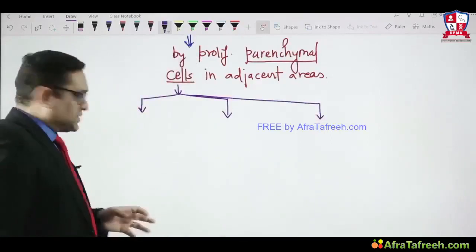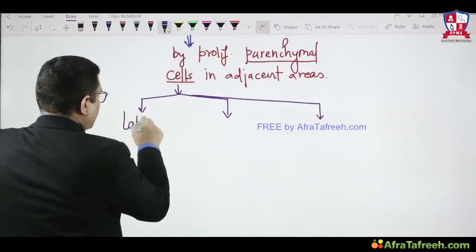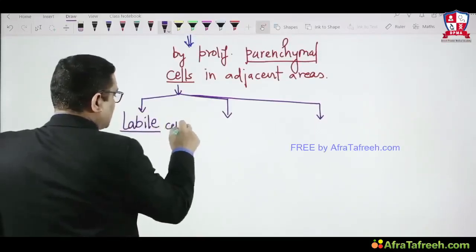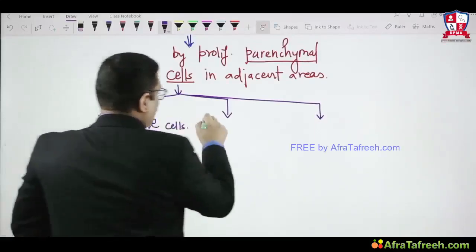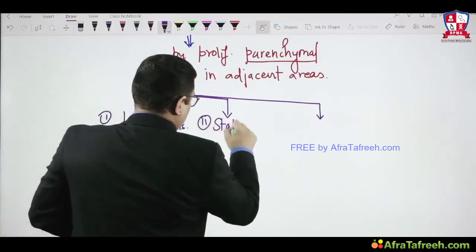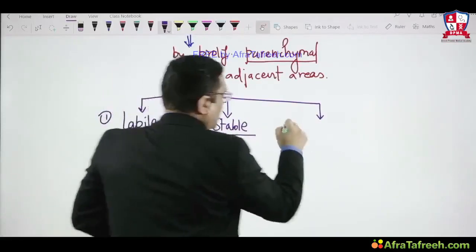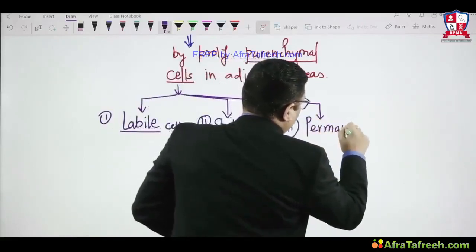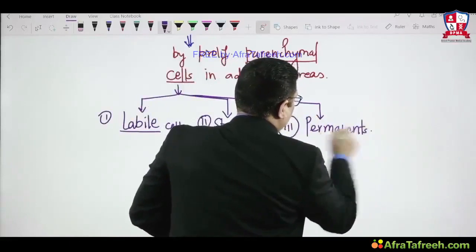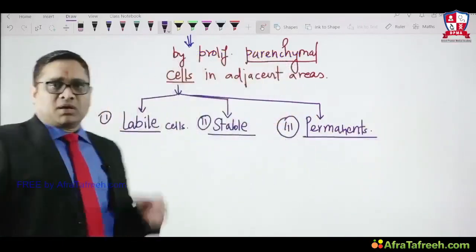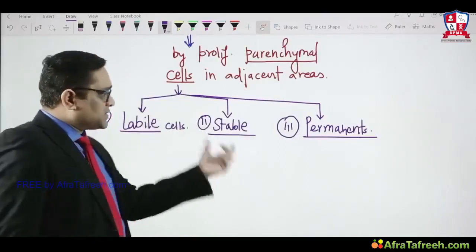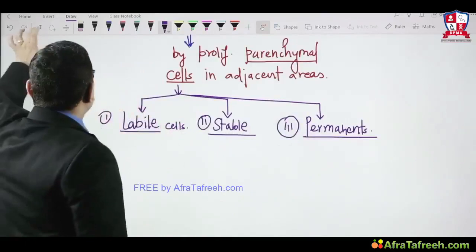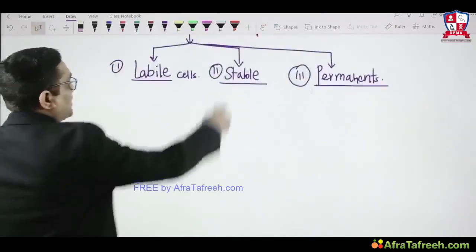They can be labile cells, stable cells, or permanent cells. There are three types of parenchymal cells in the human body, right? Labile, stable, and permanent.